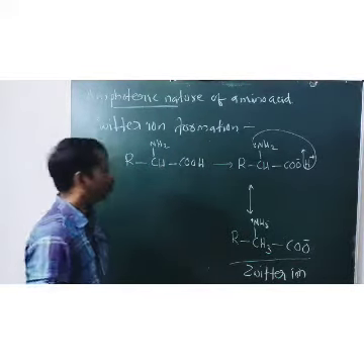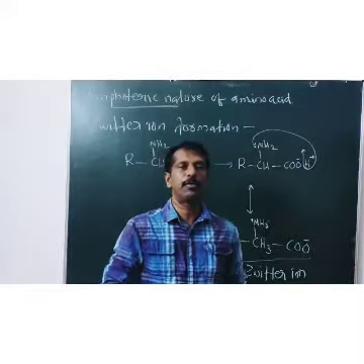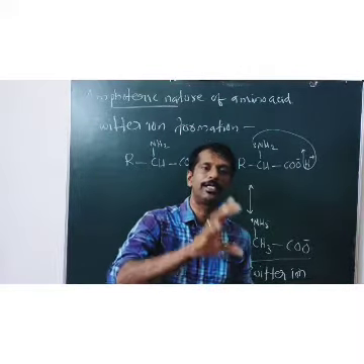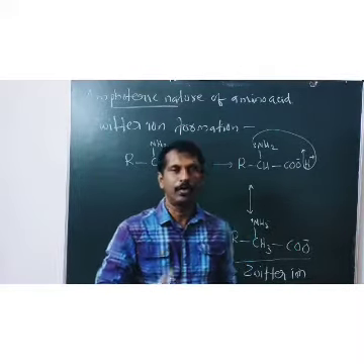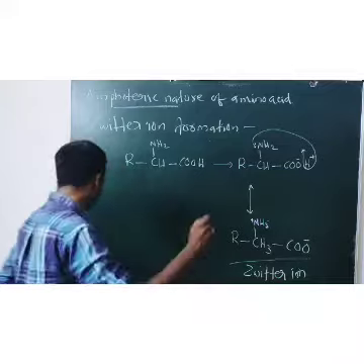Okay. Next point, when we discuss the structure of amino acid, first you have to explain the zwitterion formation of amino acid. Next, you have to explain the isoelectric point of amino acid.